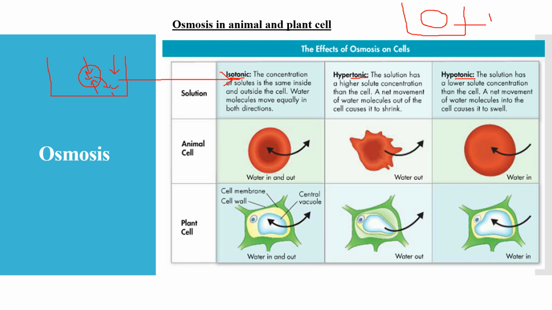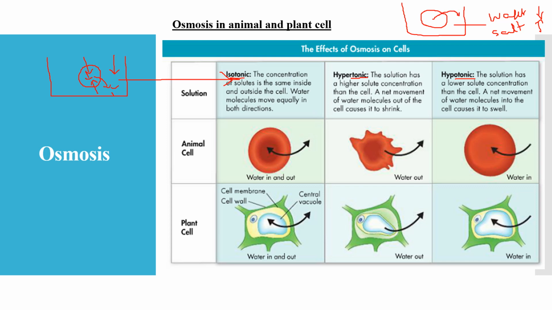Hypertonic solution means water is less and salts are more. So in the solution, water is less and salts are more. So in that case, water is less in the solution, and inside the cell water is more, so water will move from inside to outside.